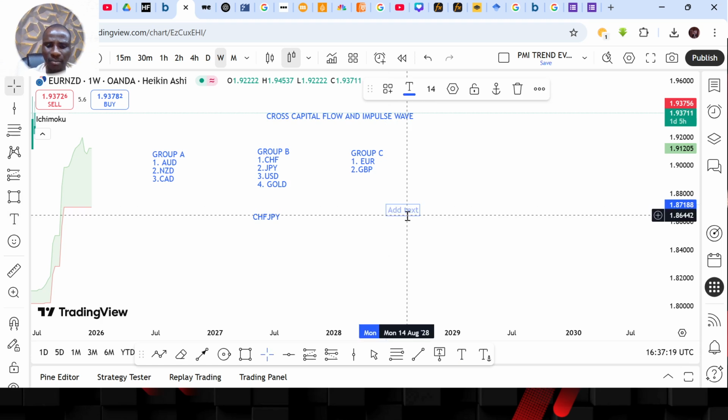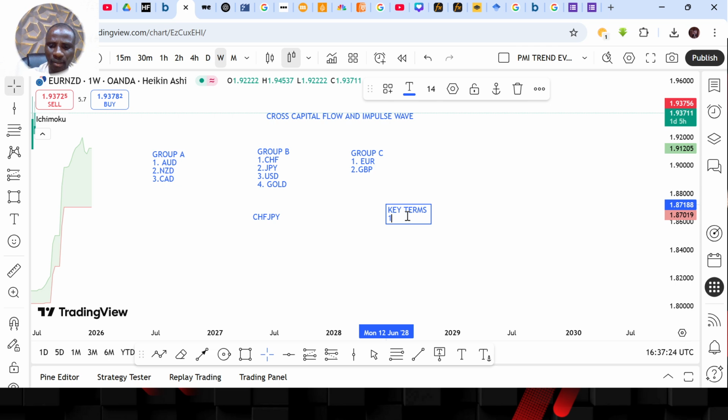These are key terms. Number one, you talk of risk on sentiment. Number two, you talk of risk off sentiment. Number three, you talk of risk on dollar aversion sentiment.